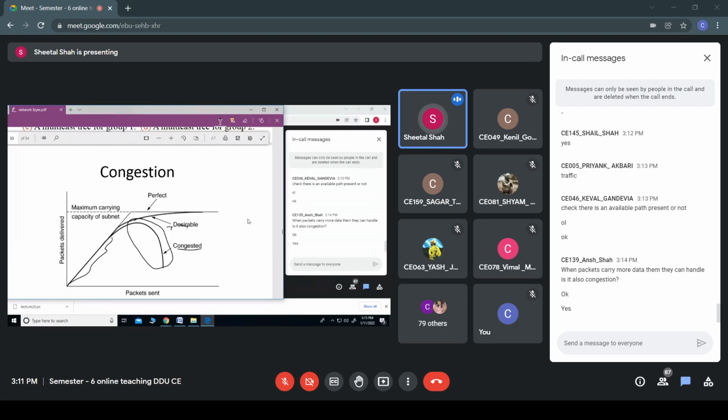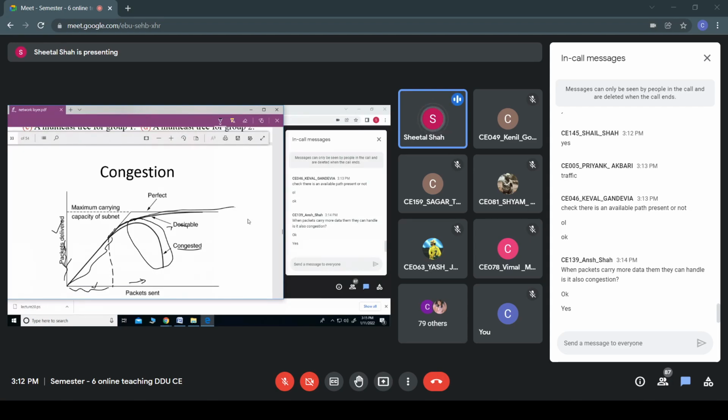Fine. So you can see that up to some limit, the packets which are sent would be the same as the packets which are delivered. Are you getting this? Okay. Up to some extent, all the packets would be delivered without any problem. But as the number of packets sent onto the network increases, what we desire is that all the packets should be delivered without any problem.